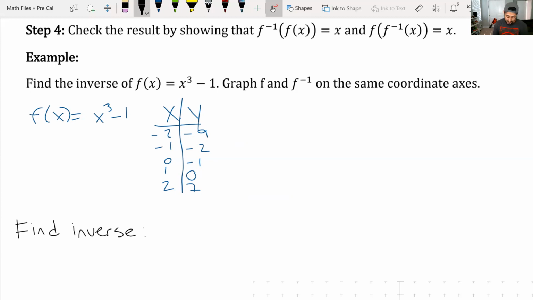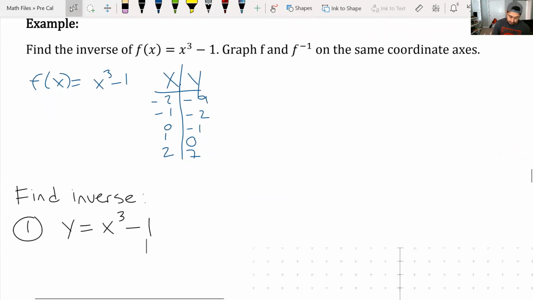Step 1 to finding the inverse. Change the function into y equals x cubed minus 1. Okay. Step 2 into finding the inverse. Interchange the roles of x and y.